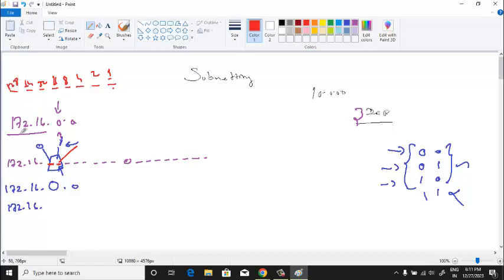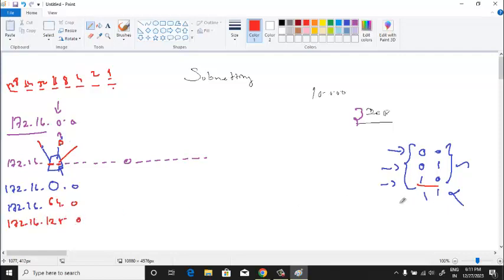Yeah? Now, if 1 is here, then it is 64.0. What is the next one? So what is the face value? 172.16.128.0. Next.